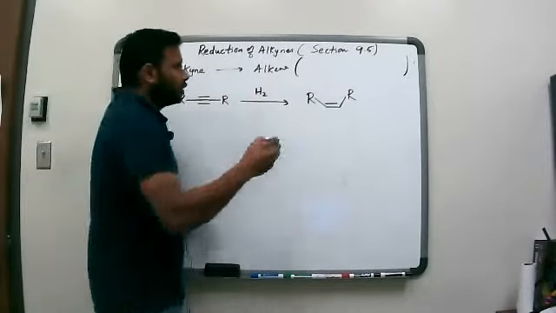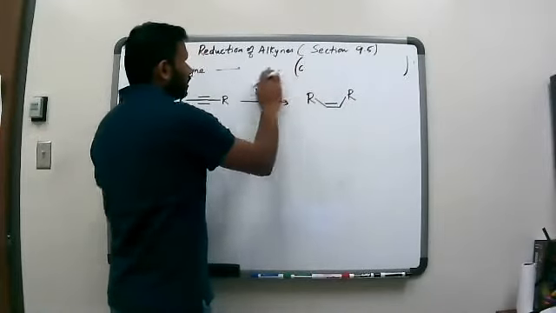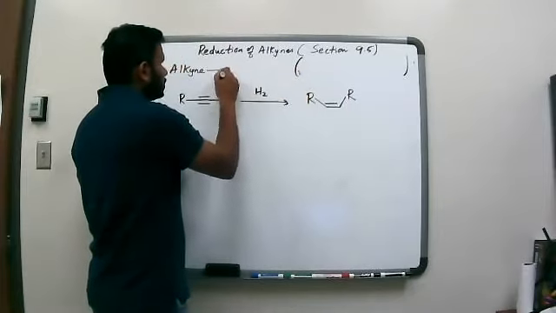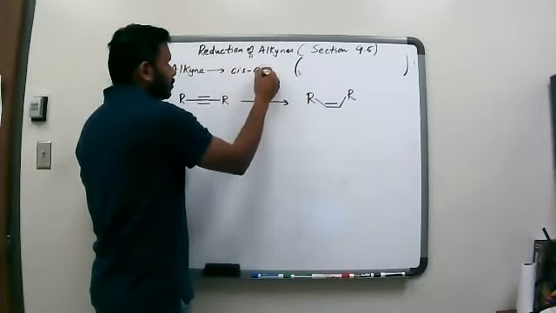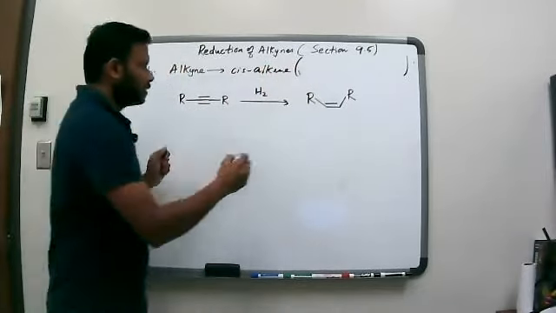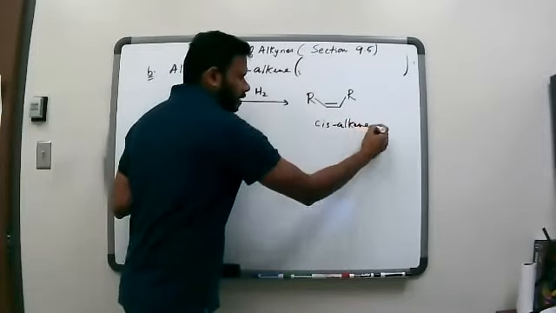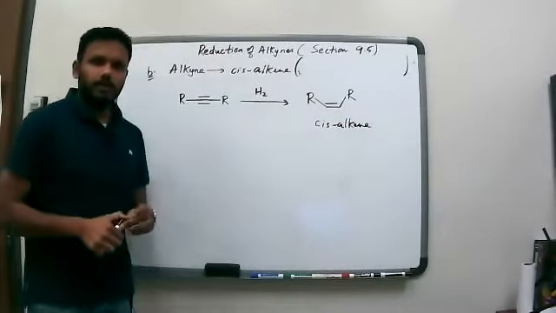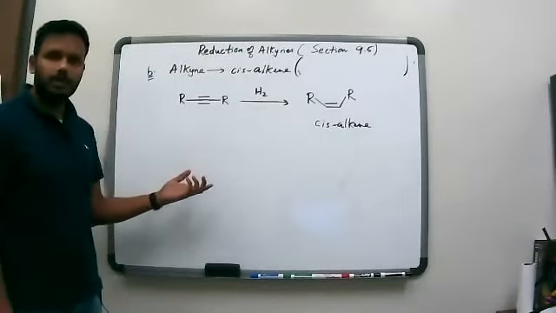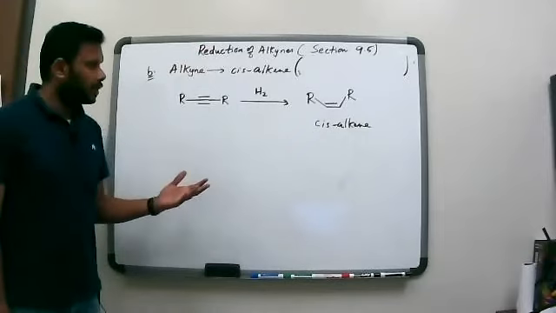I've drawn the cis-alkene. So in this particular case, the alkene that's formed is a cis-alkene, okay? Cis-alkene is our product. So the question is, how would we do this? What sort of modifications do we need to bring to the system so that we are able to do this hydrogenation? And again, think about it mechanistically.